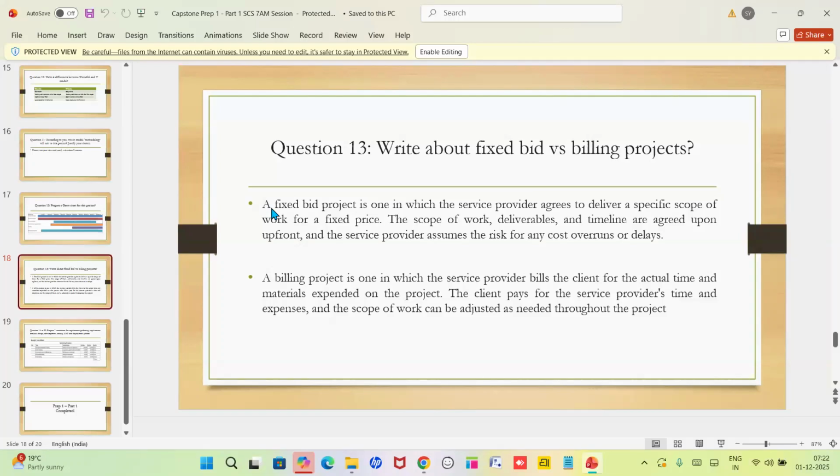Based on their time investment, he will give some amount to the developers from the client side. So the risk will be for the client here. This is the difference between a fixed bid and a billing project.